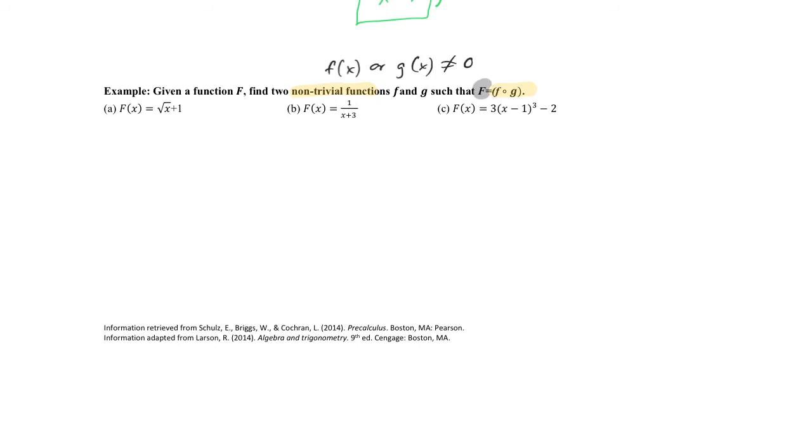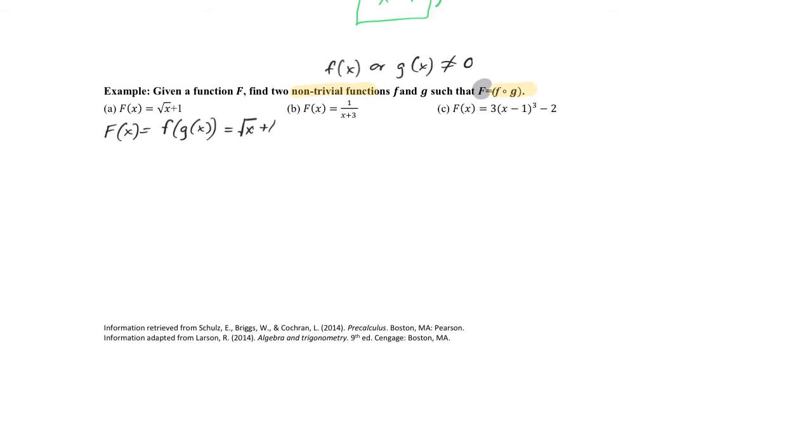In my first example, for part A, I'm told that capital F of x, the composition, is equal to the square root of x plus 1. Since capital F of x equals f composed with g of x, or f of g of x, that is equal to the square root of x plus 1.